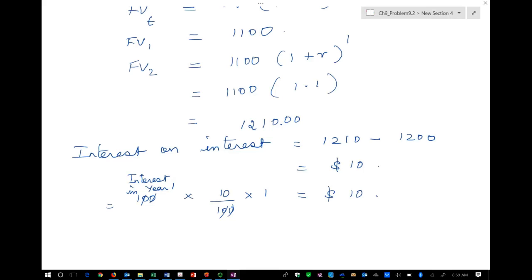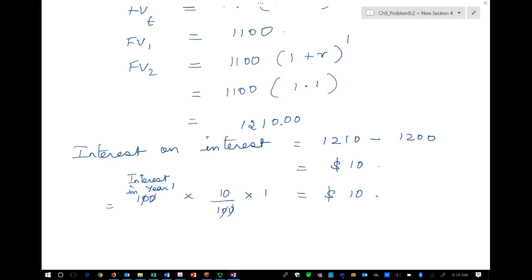Now, using this general formula, I can calculate for any number of years. Suppose I asked you a simple question. You save $1,000 each year towards your retirement, and you save for, let us say, 30 years.